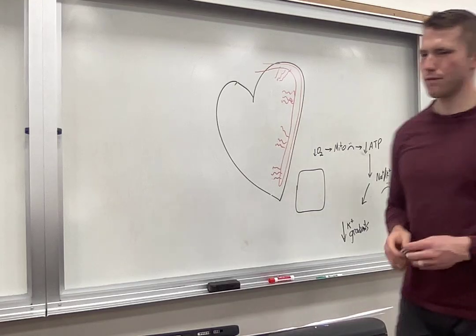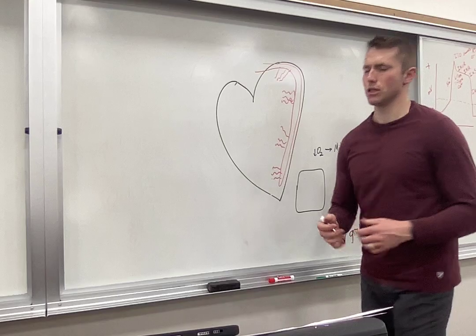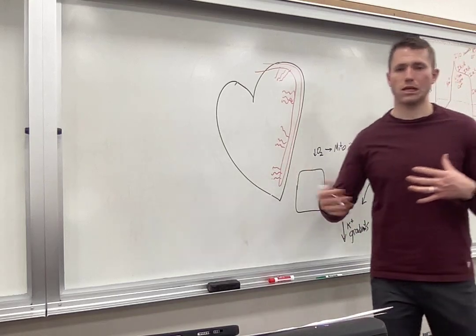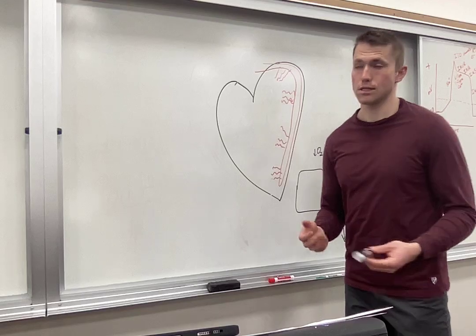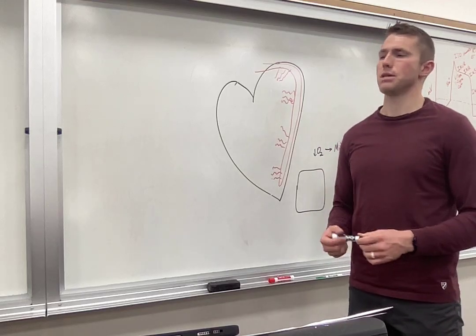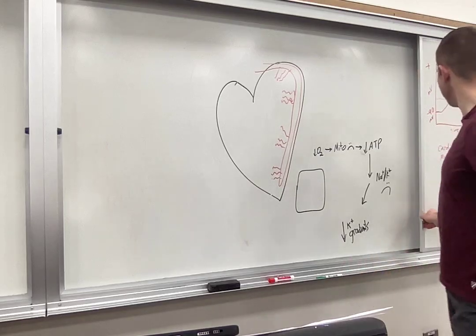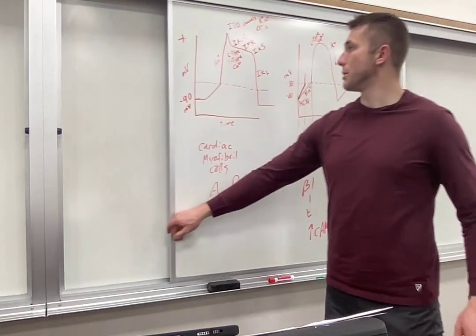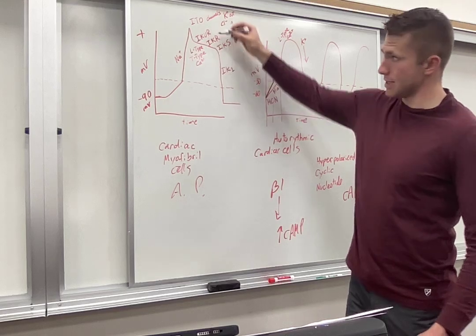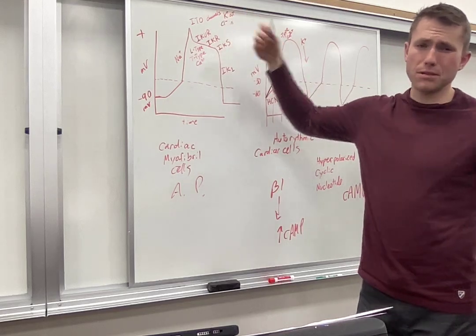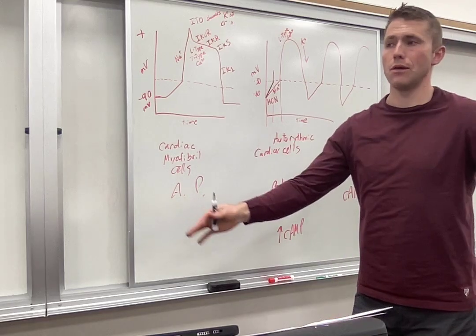So when we have hyperkalemia, that means that there's a lot of potassium on the outside of the cell, or in the blood, than on the inside of the cell. And that means that potassium doesn't want to leave the cell as badly. And so what we would see here is potassium, yeah, these are open, but potassium's like, I'm chilling because we're all equal now.